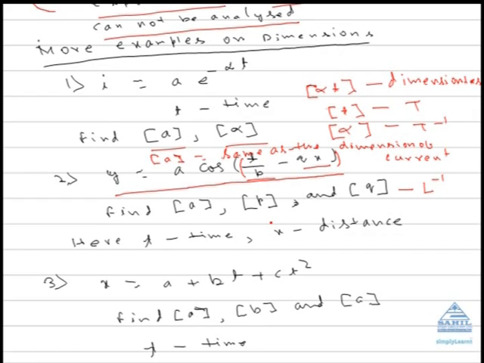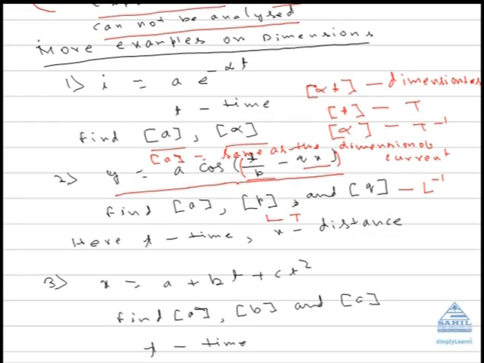Dimension of p: again, t by p must be a dimensionless quantity, and the dimension of t is capital T. So the dimension of p is again T, so that t by p is a dimensionless quantity.